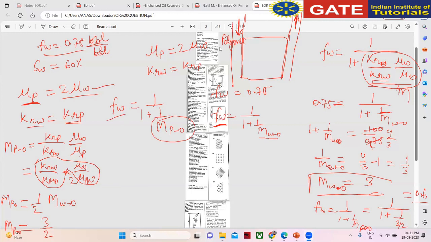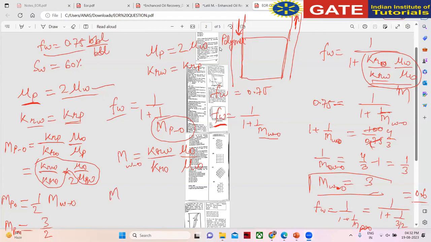Then you calculate the fractional flow in that case. We know the normal mobility ratio formula: KRW divided by KRO, mu O divided by mu W. This formula is in terms of the water-oil mobility ratio.